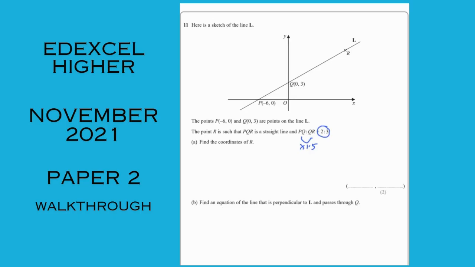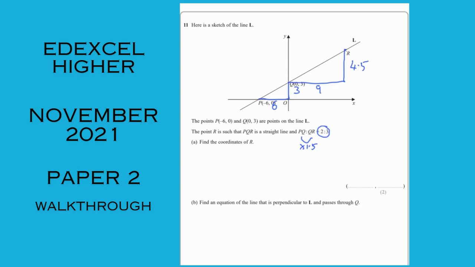So you can track on with the idea that to go from P to Q, it is, as I've just said, 6 to the right, and it is 3 higher. And that's P to Q. Now everything is in proportion. 6 to the right times 1.5 would become 9 to the right. 3 up would become 4.5 up.